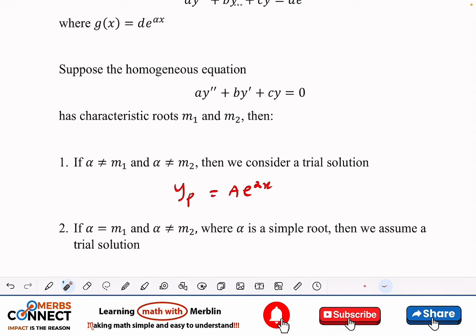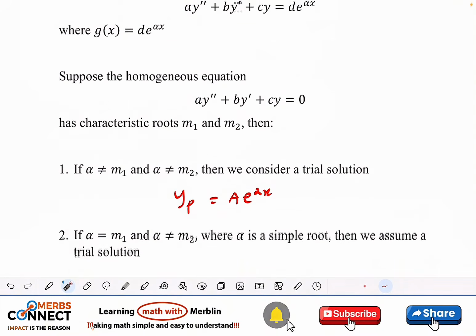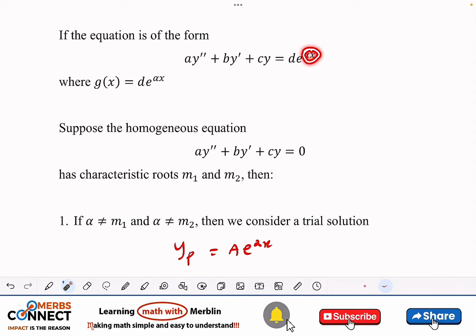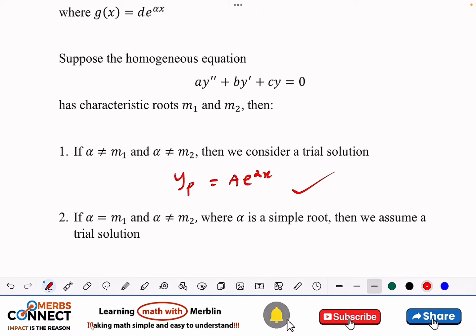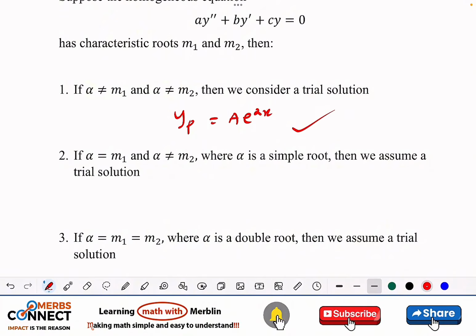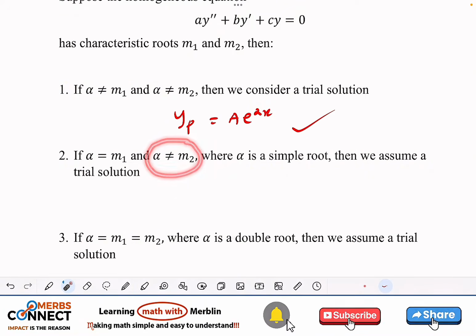So you see the idea of the homogeneous second order differential equation playing a role here. We need to go through finding our m1 and m2. Then we compare the coefficient of x here, which is alpha, to the roots. If they are not the same, then this will be our guess for the particular solution. Now, let's assume that alpha is the same as m1 and not the same as m2.